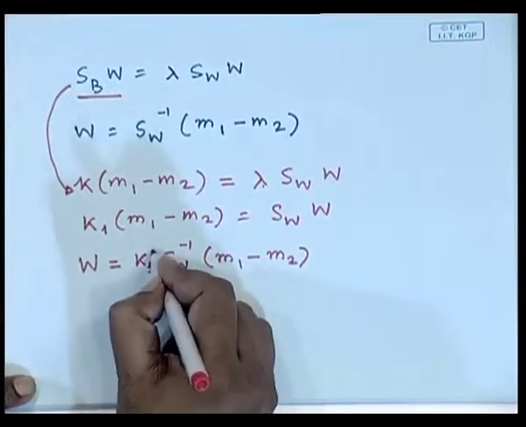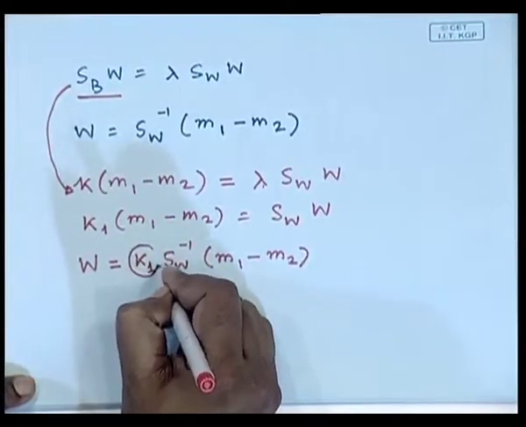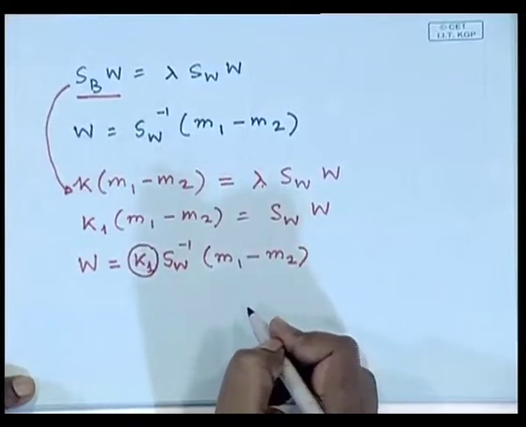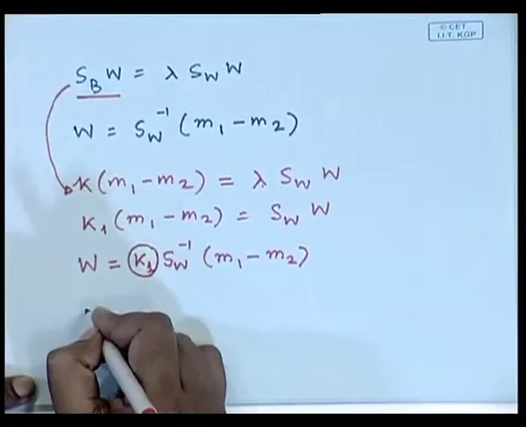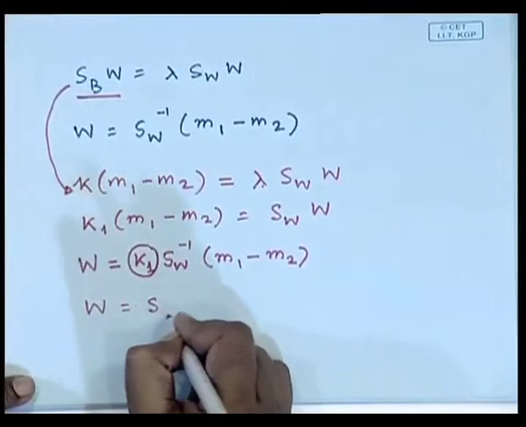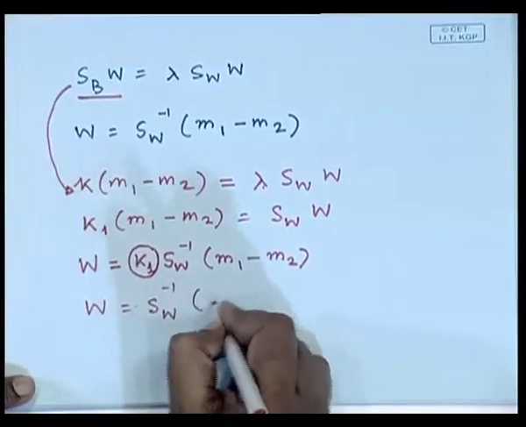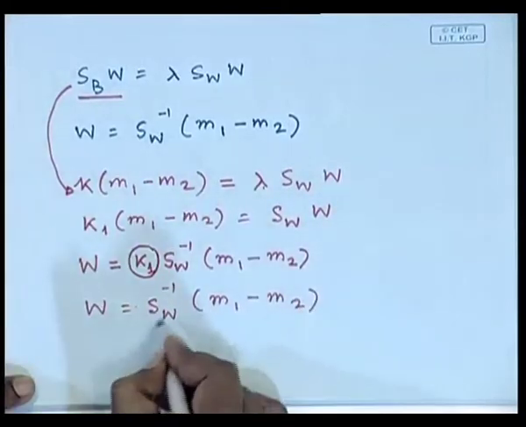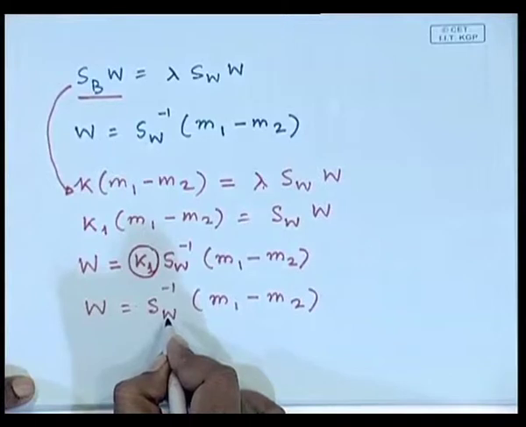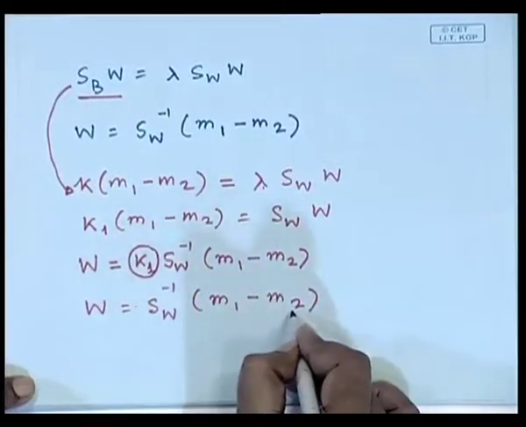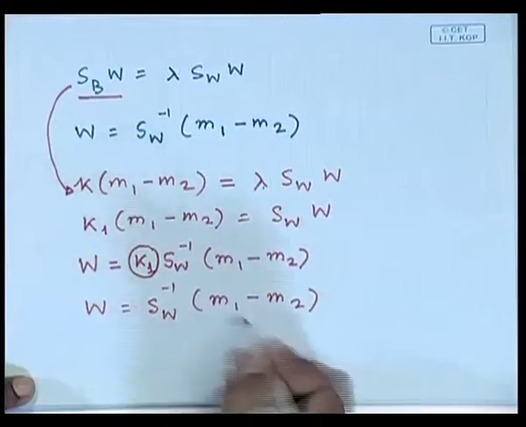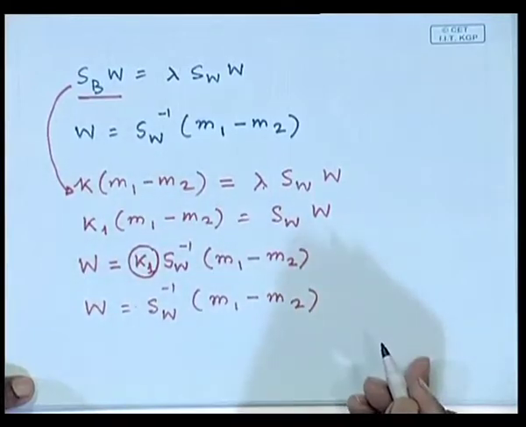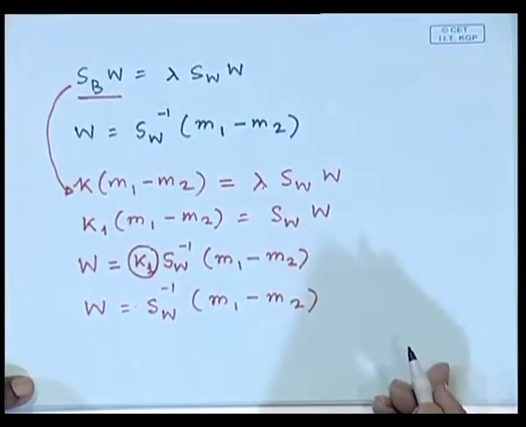So, I can ignore this scale k1, and if I ignore it, I simply have W equal to SW inverse into M1 minus M2, where SW is the total within class scatter and M1 minus M2 is a vector in the direction of the line joining M1 and M2.